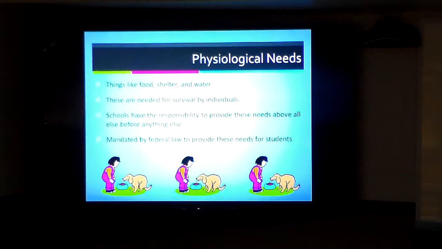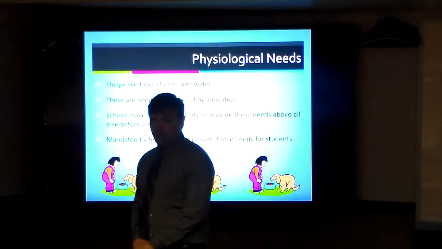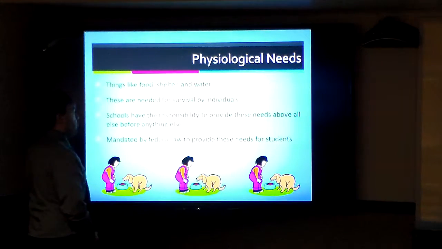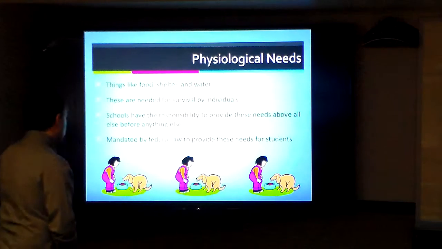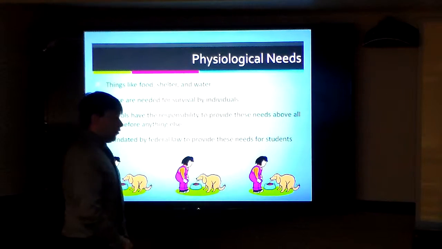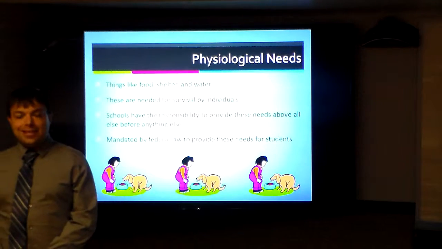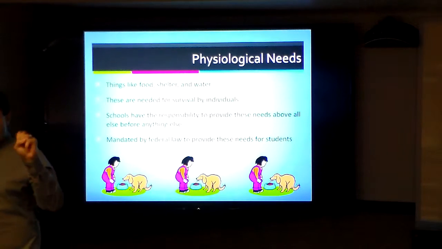So the first one, physiological needs. Everybody needs food, shelter, and water in order to live, survive, and be happy. Schools must provide these above anything else to children. This is why, which you will learn in some of your later education classes, a school day does not exist in the state of Pennsylvania or in the state of Ohio after a certain amount of hours have taken place.